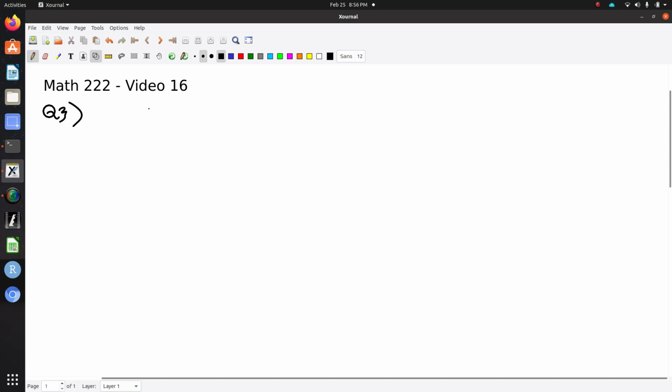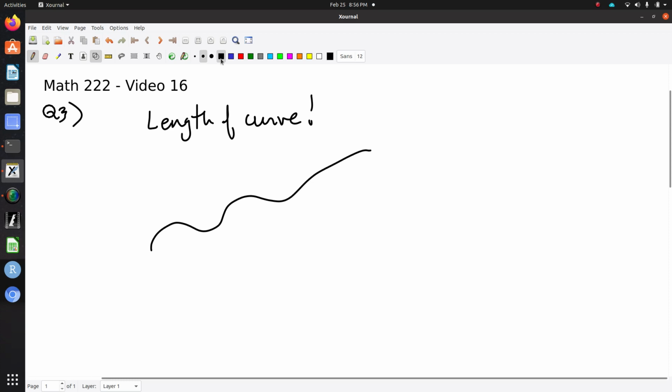It's called length of a curve, or curve length. And so if you have a curve kind of like that, then you want to figure out how long that piece of curve is right there. And I've purposely zoomed in on a very straight piece, because I want you to think about what this looks like.